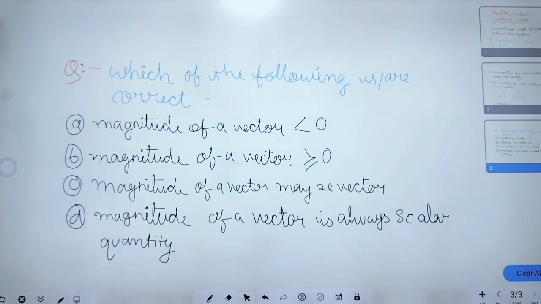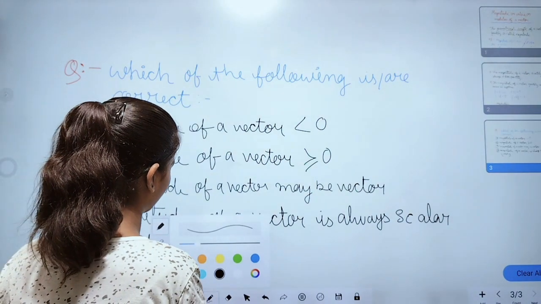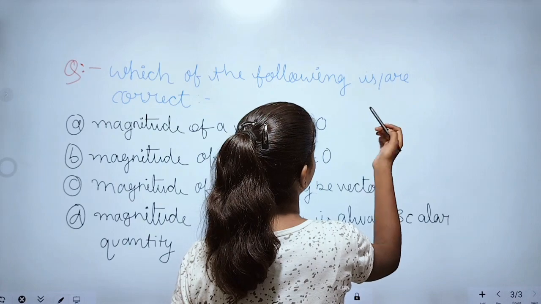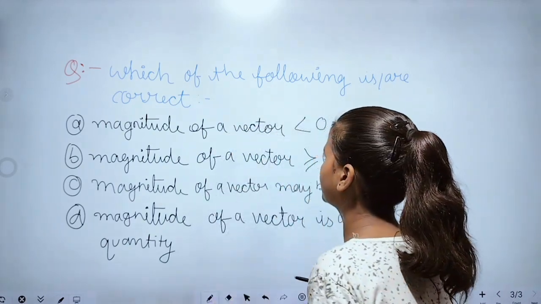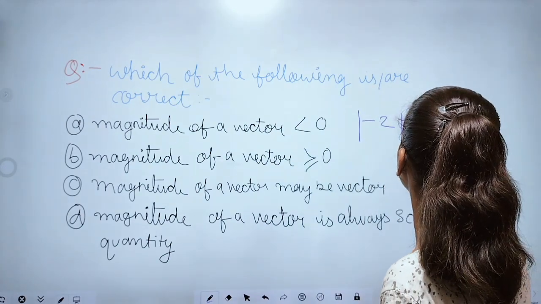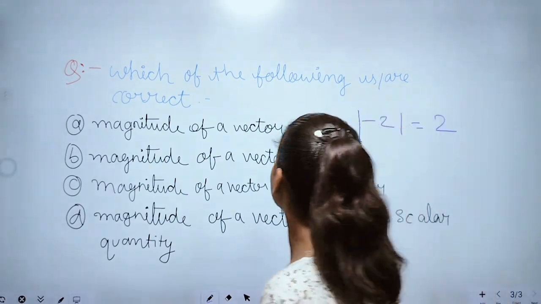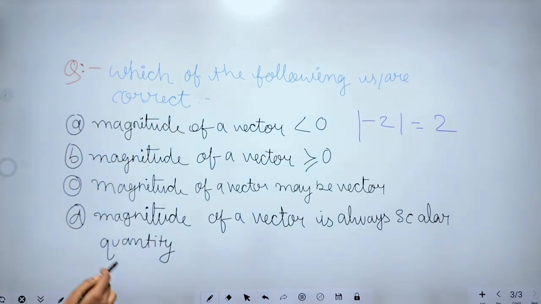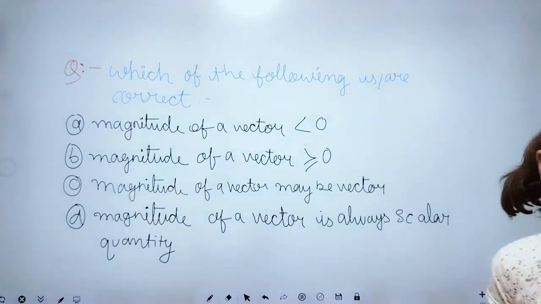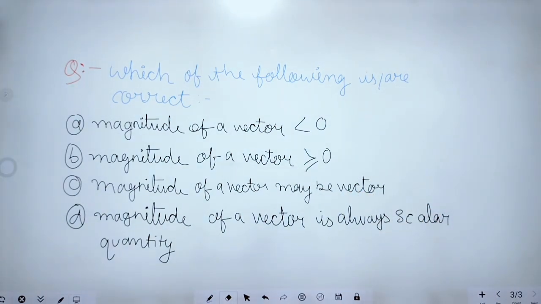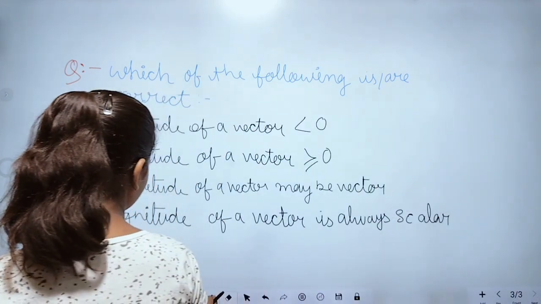Because when we put modulus, suppose that -2 is here, then if we put mod, then it becomes 2. So this one is wrong. Magnitude of a vector quantity less than 0? No, this one is not true.